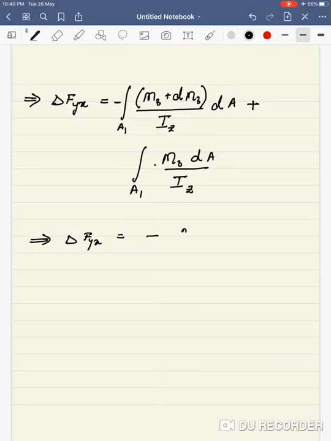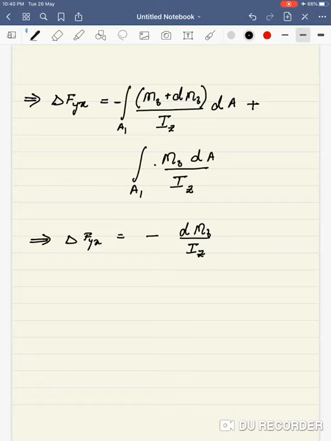So you have this dMB over this area. The dMB has nothing to do with the area, so I can just take that out.